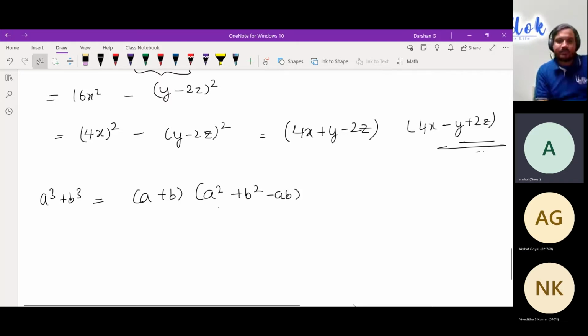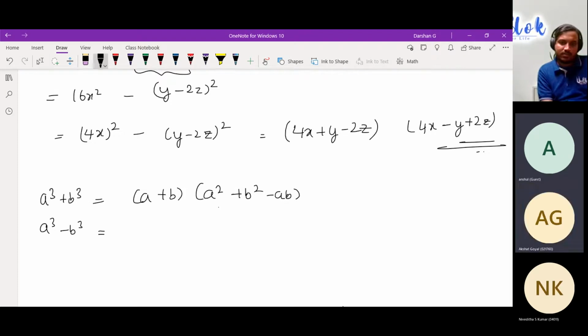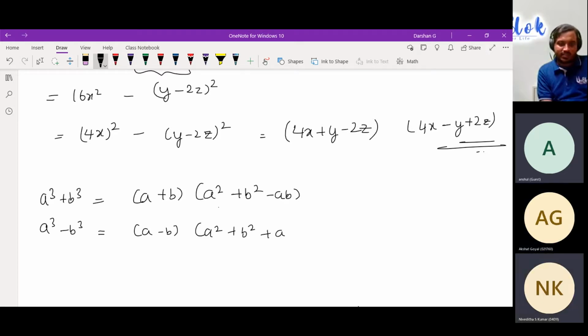That is right. a cube minus b cube: a minus b into a square plus b square plus ab. So why will it be plus ab? Because here again only minus b is changing. So taking that into consideration, it will be only plus ab.